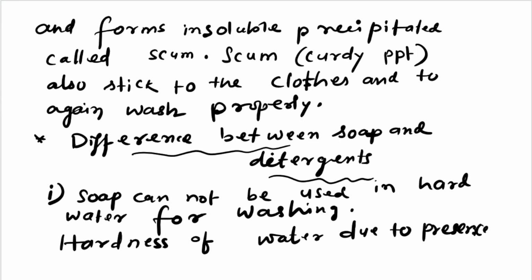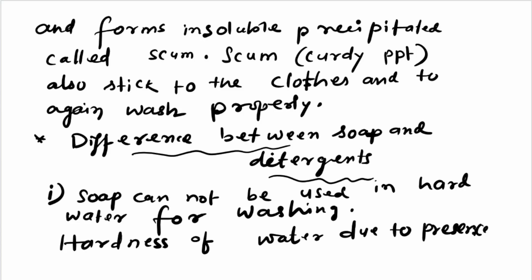And here, the difference between soap and detergent. What is the difference? Both are used for washing clothes, but what is the difference? Regarding structure, I told you. Soap cannot be used in hard water for washing.